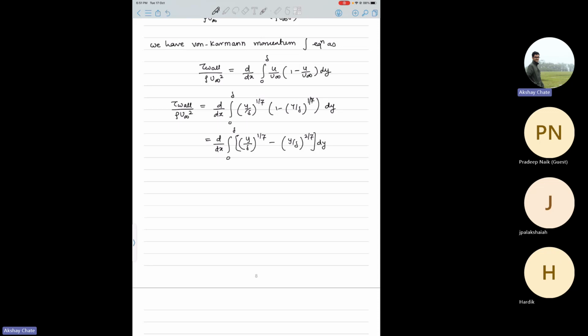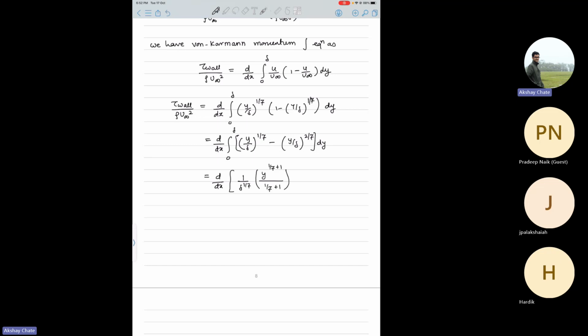this will become d by dx of the integral, or maybe I can remove the integration sign. We'll do the integration only. So 1 by delta to the power 1/7, because this is not a function of y, and the integration of y to the power 1/7 will be y raised to 1/7 plus 1 divided by 1/7 plus 1.